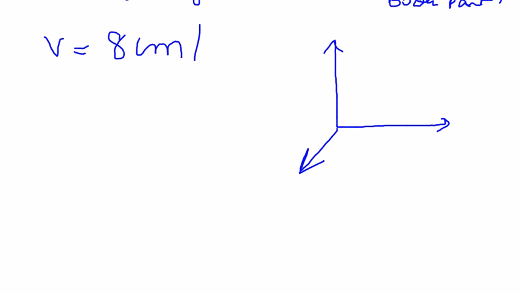In this question, they have said that there is a square loop of side 12 cm with its sides parallel to the x and y axis, and it is moved with a velocity of 8 cm per second in the positive x direction in an environment containing a magnetic field in the positive z direction.